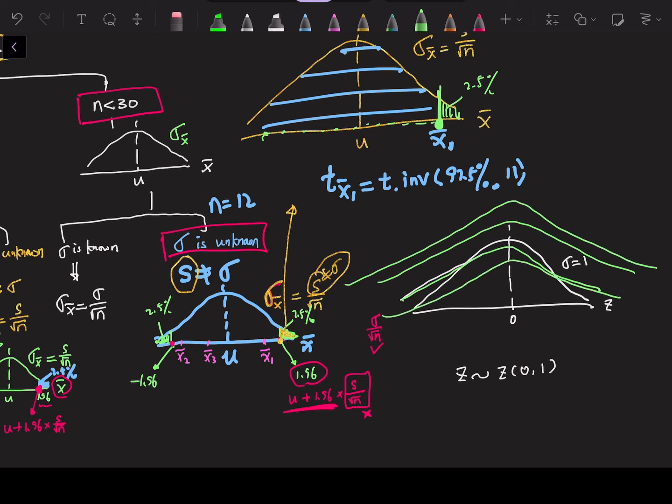So the t distribution is bell-shaped and symmetrical with mean 0, and the standard deviation, that is, how the values of t are dispersed around the average 0, depends on degrees of freedom.